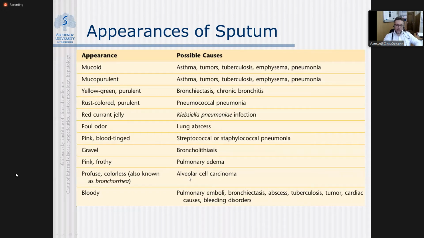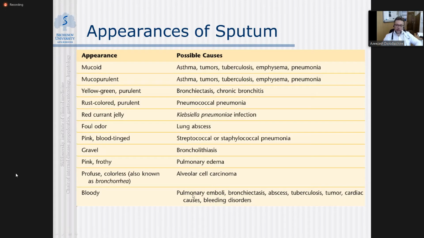In the case of cancers, it may be profuse, colorless, so-called bronchorrhea. And bloody sputum may be seen in the case of pulmonary bleeding, with quite a lot of causes for that. Sometimes it may be seen in pulmonary emboli, in the case of emboli to the pulmonary artery.